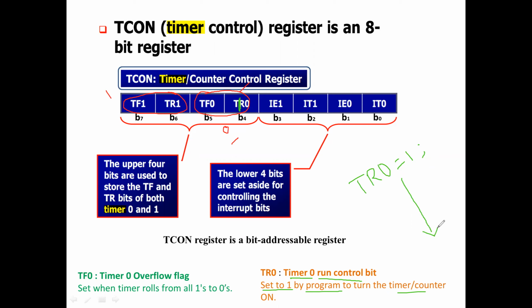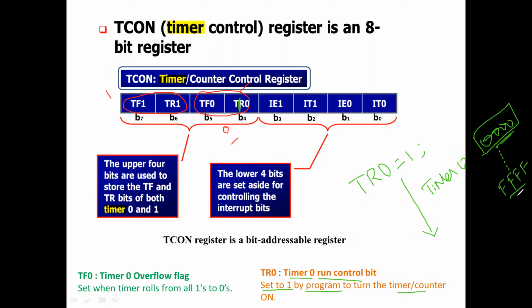When will it stop? We have the timer 0 register, and you will have some data here. This is very important data. The first register we have seen: whatever data is here will be incremented till FF. I am telling this for mode 1.